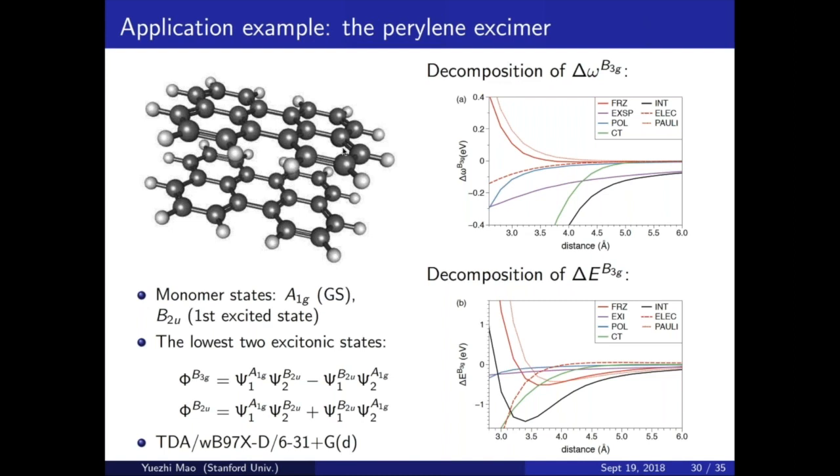So for the perylene molecule, its monomer ground state has A1G symmetry, and the first excited state has B2U symmetry. A linear combination of the two fragment states gives rise to the lowest two excitonic states for this excimer.